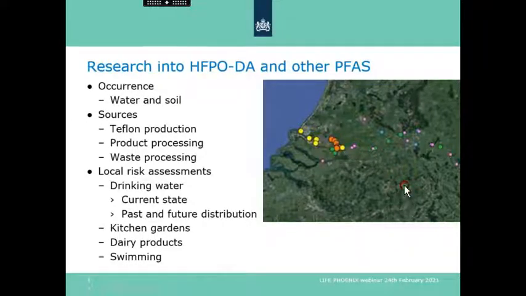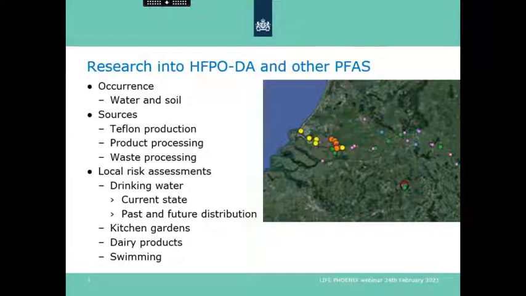And this appeared to be a Teflon processing facility, so the production facility moved the Teflon to this processing facility and then back again. And here there was a lot of emission as well. So the sources contained not only the production but also the processing, and later on it appeared that also waste processing was a kind of emission source.